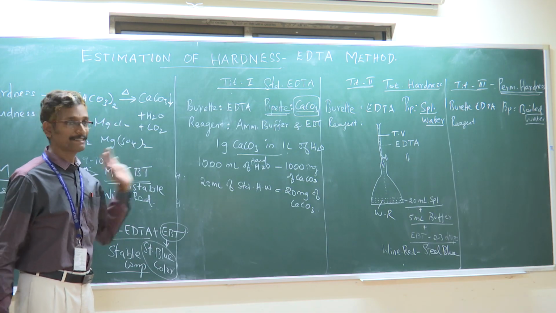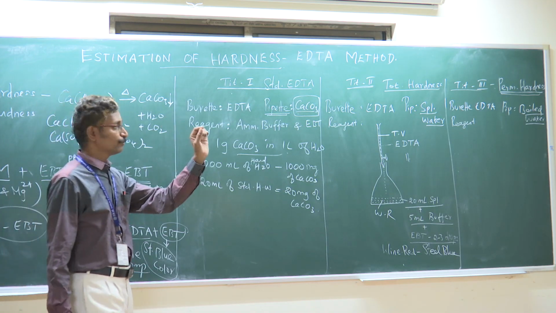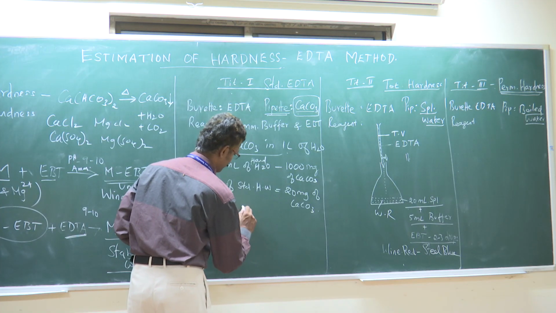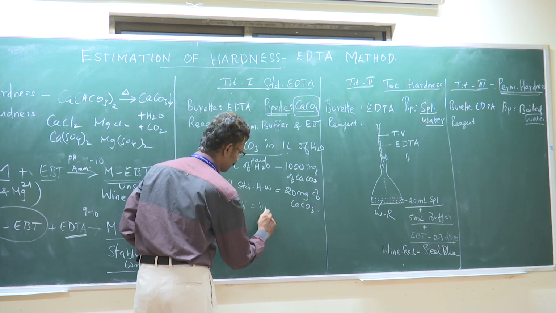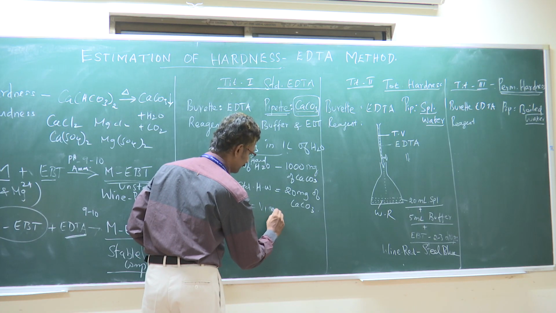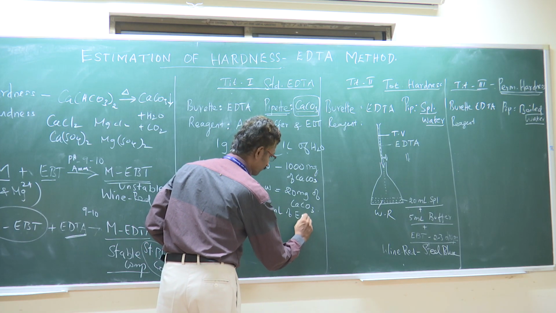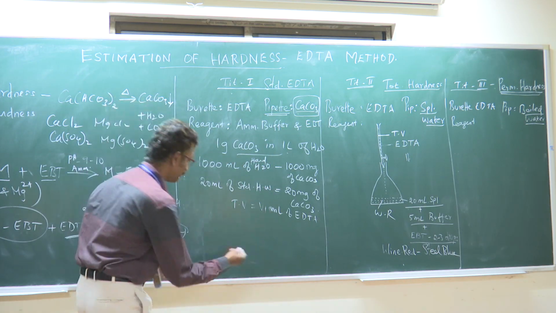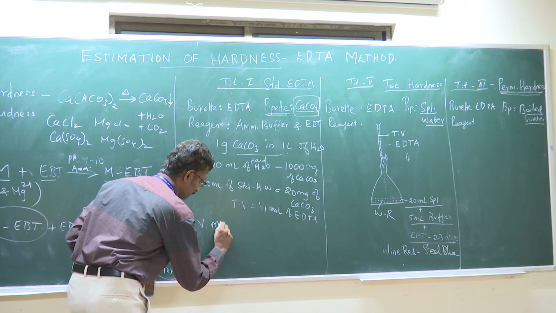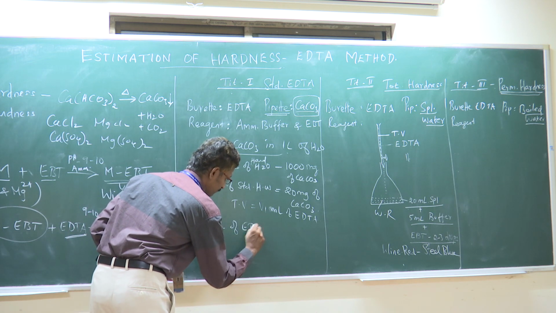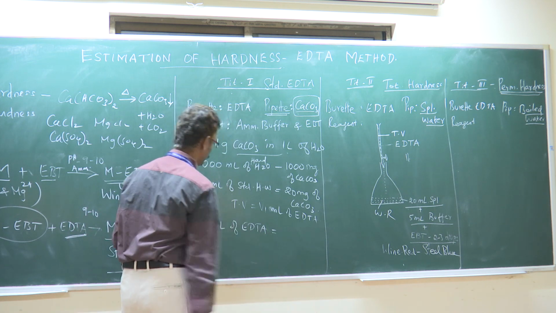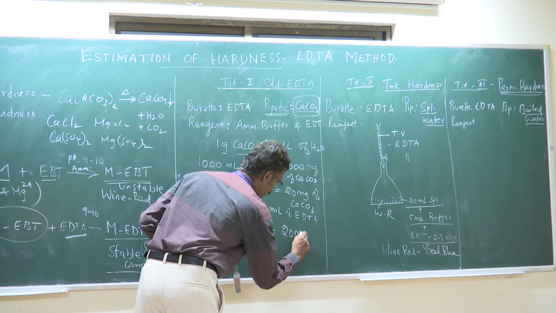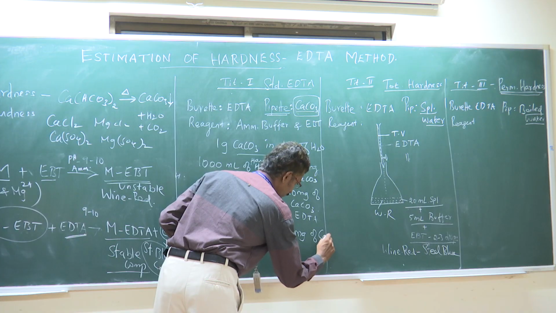After performing the titration, you get the titer value, which is represented as V1 ml of EDTA. So V1 ml of EDTA is equal to how much quantity? 20 milligram of calcium carbonate.